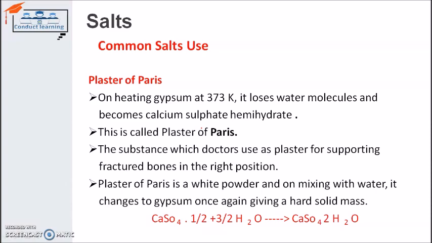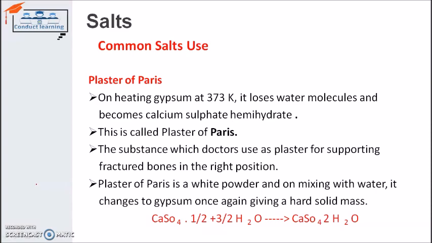the right position. So what is the use of plaster of Paris? To support your fractured bone. In any accidental case, if your bone is fractured, to support that bone in a particular direction, doctors use plaster of Paris, right? Plaster of Paris is a white powder, and on mixing with water it changes to gypsum once again and makes a hard solid mass which protects the bone so it does not get twisted in any direction once the plaster of Paris is applied.